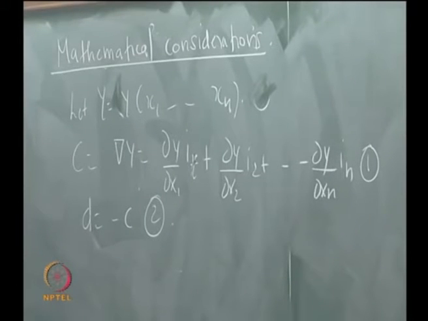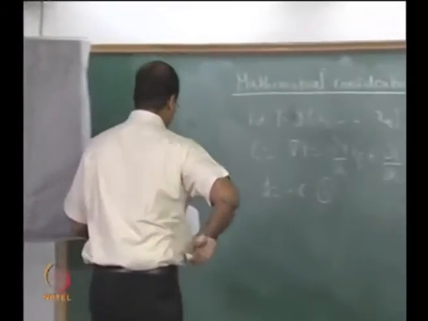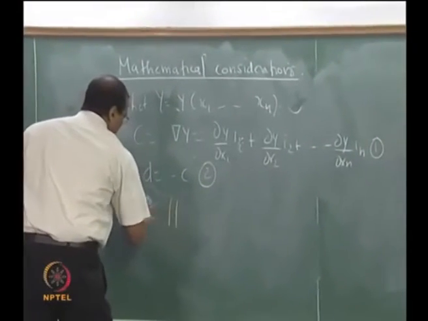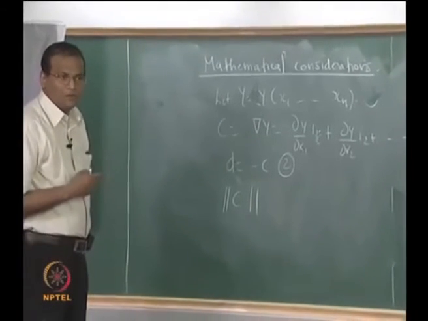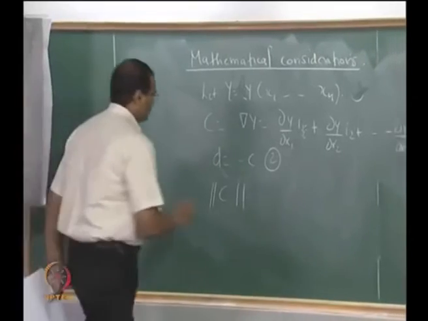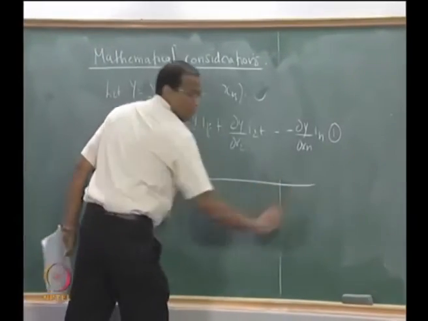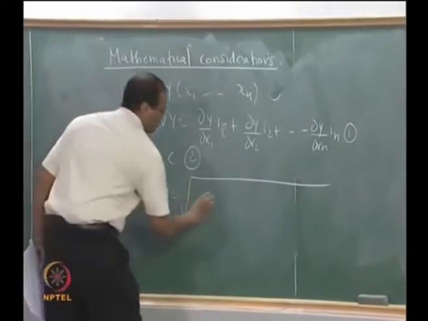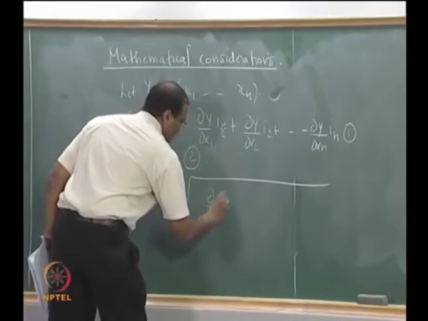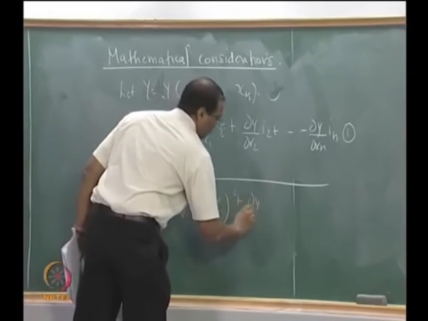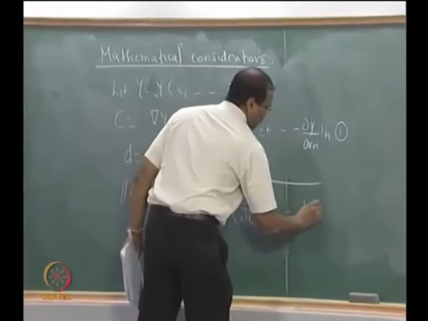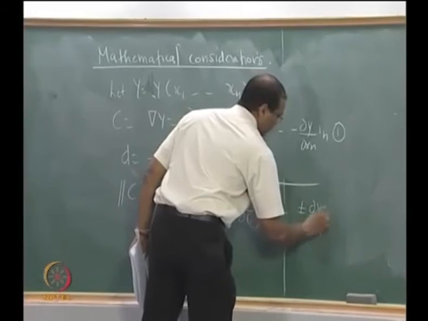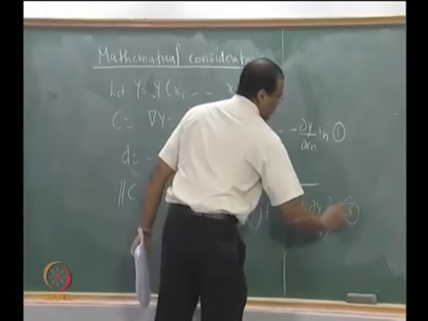So D is actually the minus of the gradient vector. Now what will be the modulus of the C vector? Root of the sum of squares of dou y by dou x. Yeah, so we got this, right?